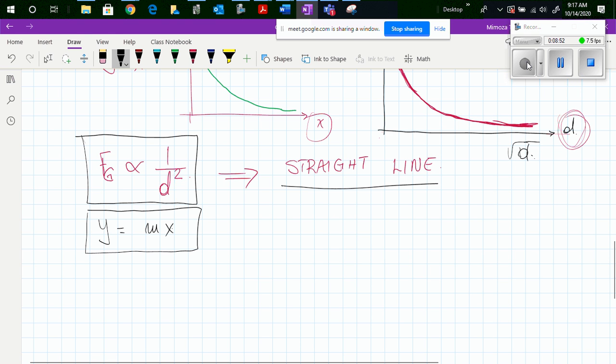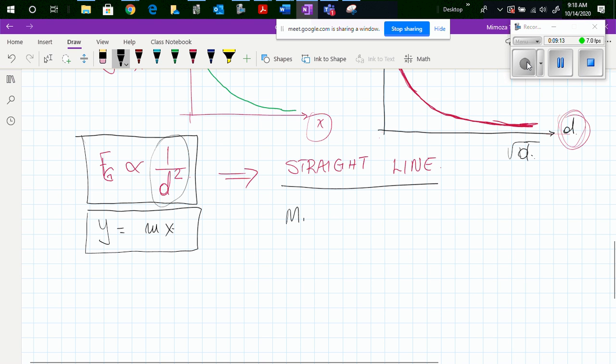So the x in our case will be whatever is happening to that, known as the manipulated variable, because we have two variables, like in every experiment that we do in physics.